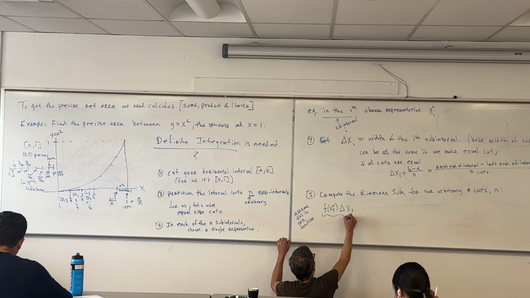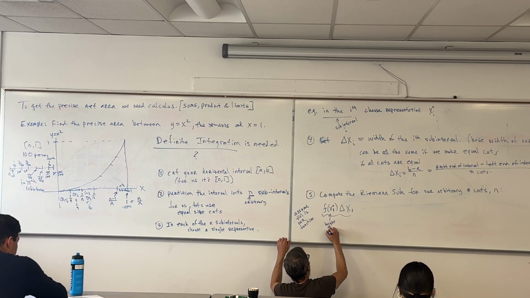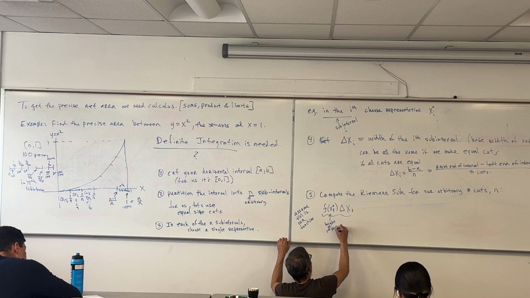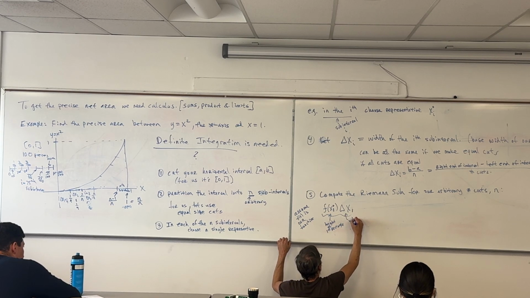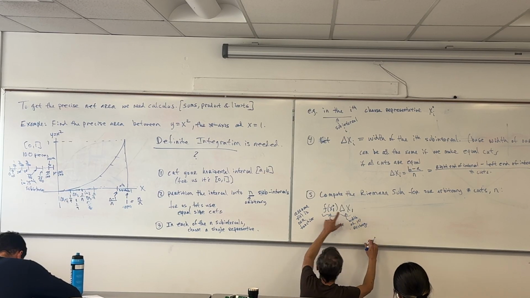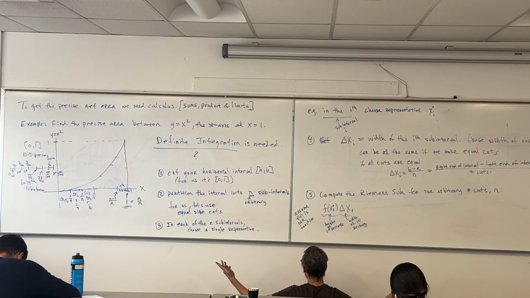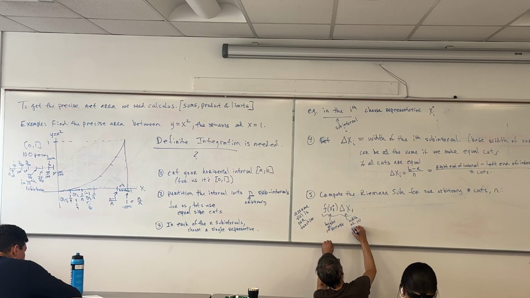So this is the height of the first rectangle, and this is the width of the first rectangle. And we know that's how you get the area, right? Base times height.